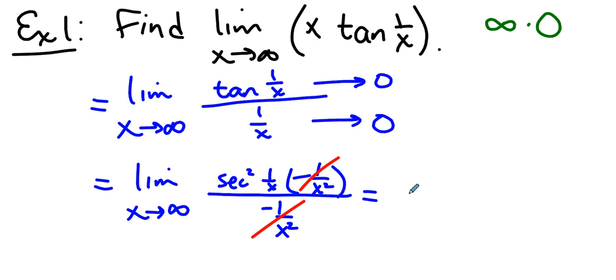The secant of 0 is 1, which squares to 1. Since this limit is 1, this limit is 1. So sometimes when you don't have a quotient, but you're still an indeterminate form, you can make that a quotient and use L'Hopital's rule to evaluate.